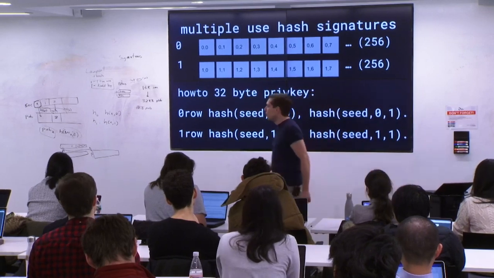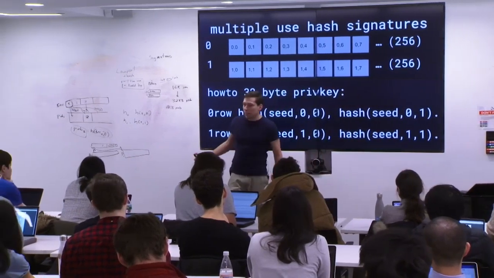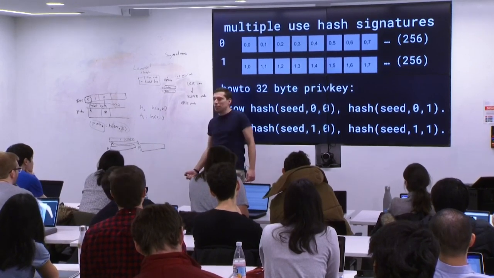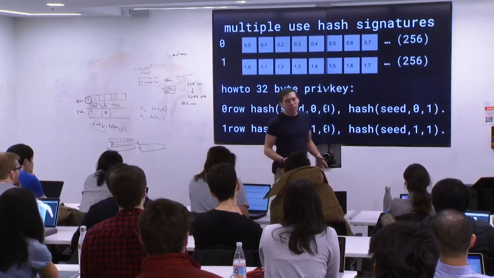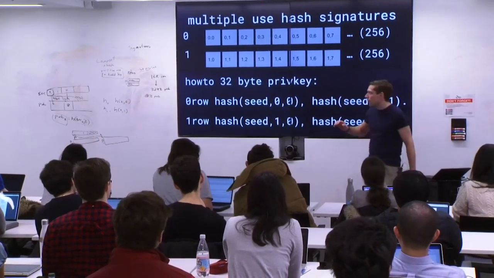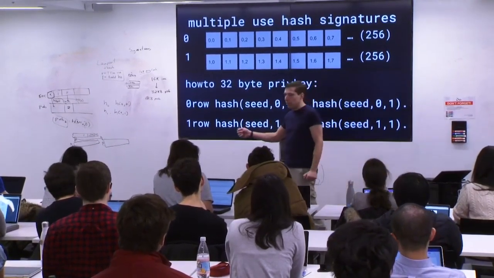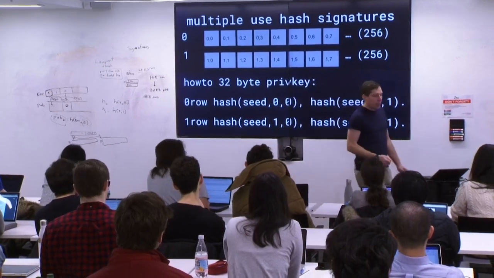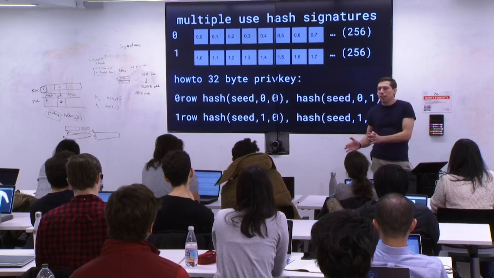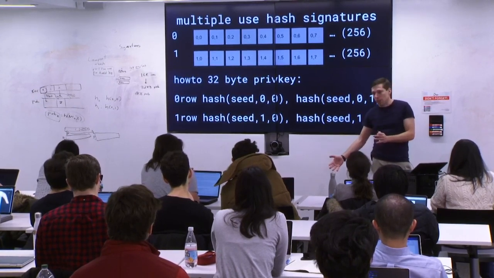Okay, so one would be every time I sign, I also sign my next pub key. You can do that. It's got some downsides, right? The idea is I first publish one 16 kilobyte pub key, and then when I sign my message, concatenated to that message will be my next pub key.